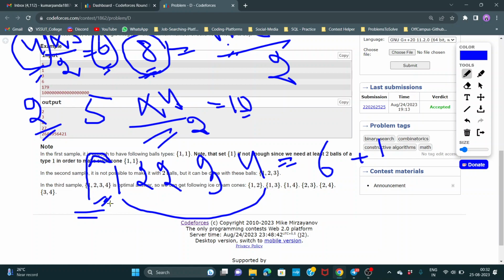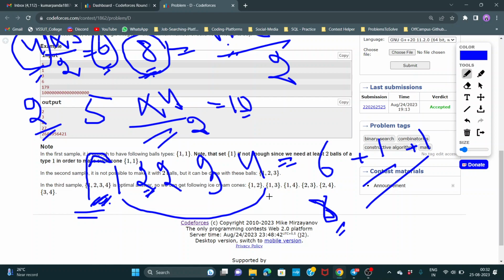Here you take the ball with flavor one, and in this case you have to take the ball with flavor two. So it will increase my answer by one. And in this case you will get your total number of ice creams as 8. So this is the whole answer.